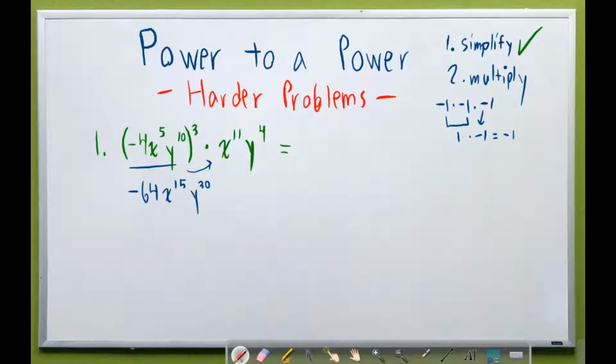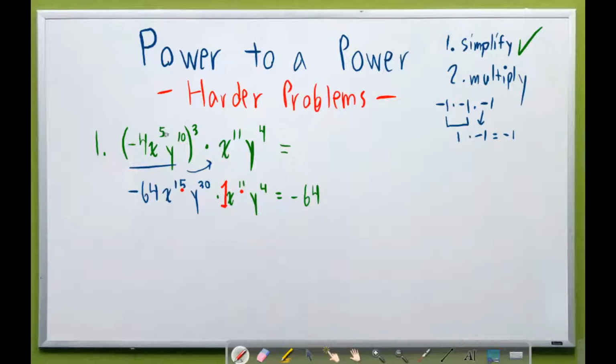So we have negative 64 x to the 15th y to the 30th power times x to the 11th times y to the 4th. Okay, so remember when we're multiplying, we just add the powers together. So we have negative 64, that stays the same, because it's negative 64 times 1. 1 is the coefficient here.